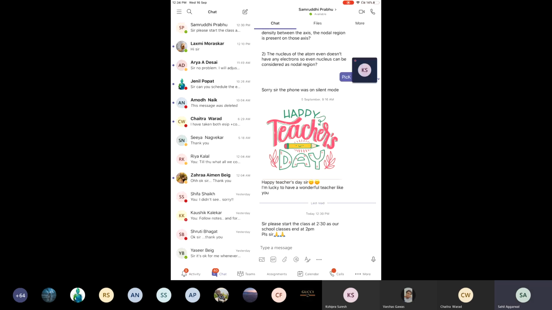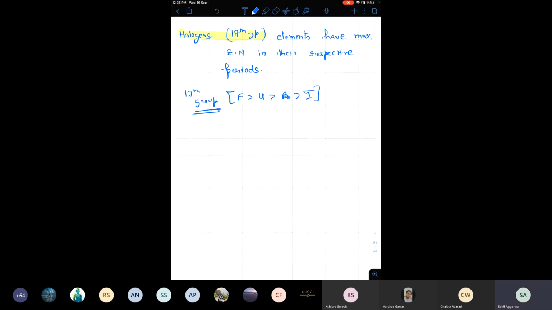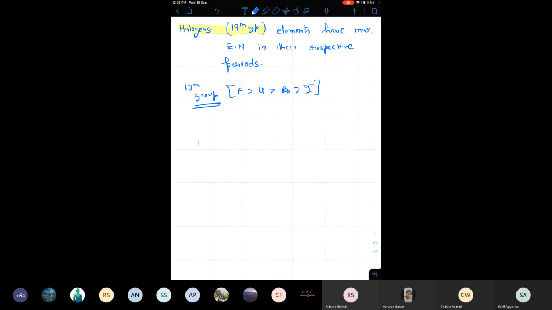We were on electronegativity. Any problem to anyone with electronegativity? Let's write down some numbers. Hydrogen has 2.1 electronegativity. Fluorine is 4.0.